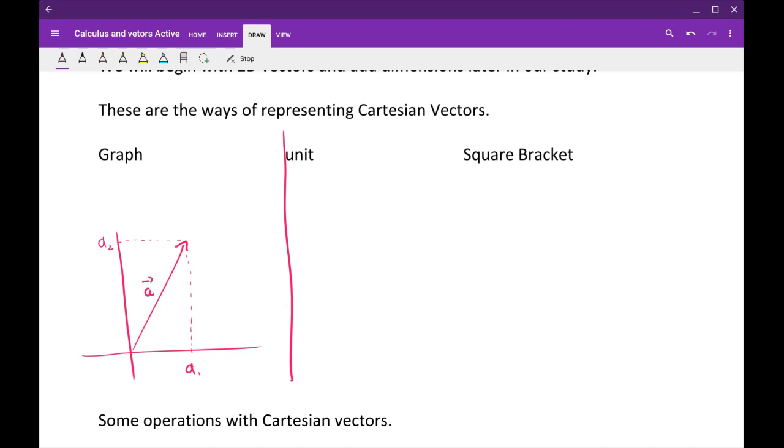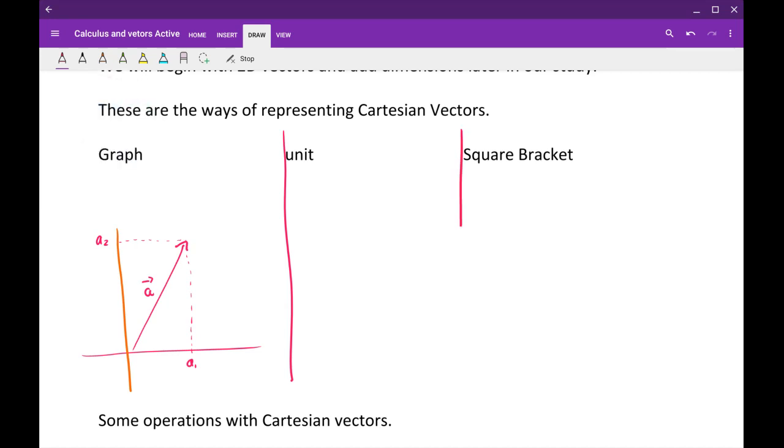Some would use A sub X and A sub Y, but our textbook happens to use 1s and 2s, okay? So I'm just sticking with what our textbook deals with, all right? So this would be the A2 component and the A1 component. The component would just mean the direction, how much the vector has in a particular direction, okay?